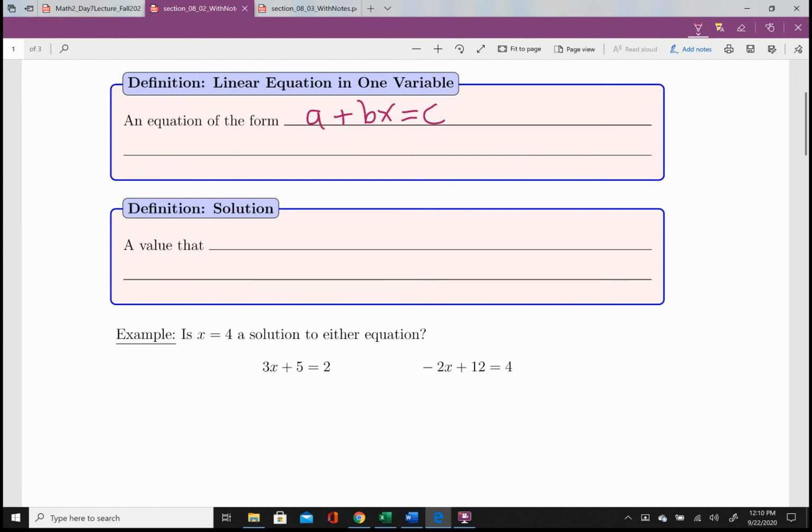So they're just some numbers. B is also some number, but it's acting as a coefficient on the variable term bx. Okay, so x is going to be the one variable that's being described here. A, b, and c, I'll go ahead and specify, are real numbers. And x is the variable.